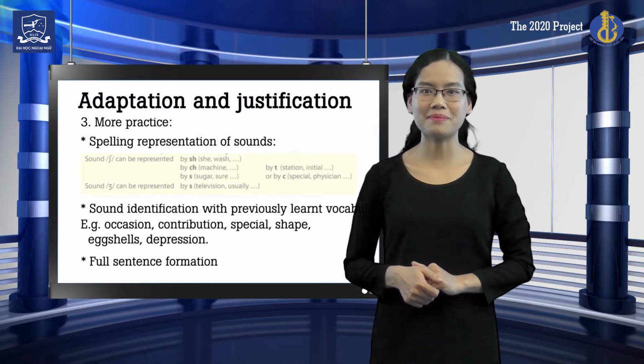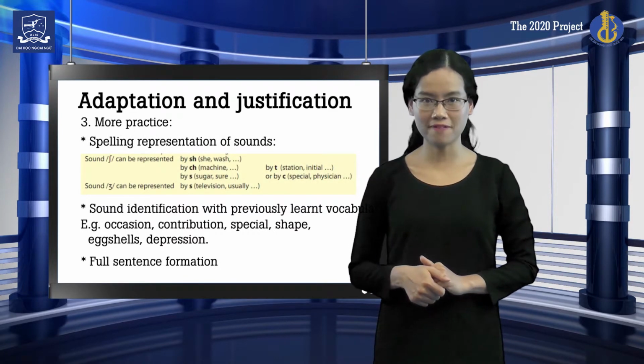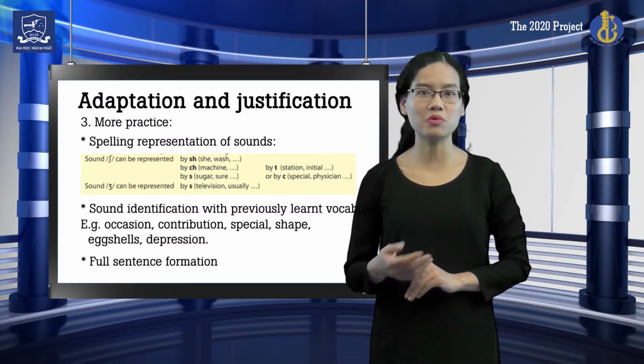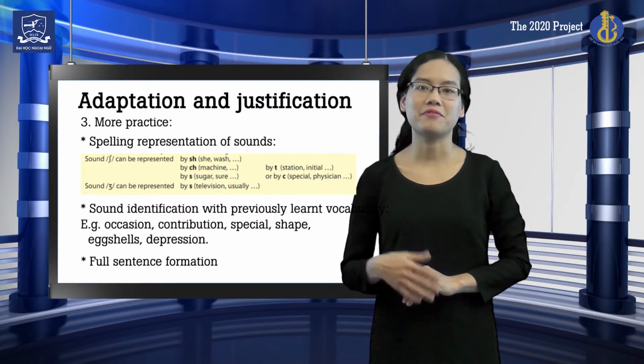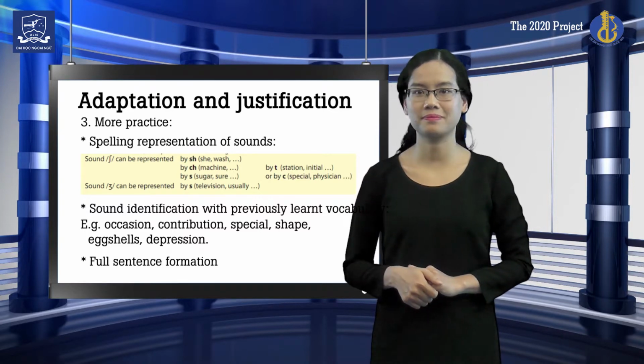The next adaptation is for a strong class when there is some time left. The teacher may teach students the rules of some sounds represented by spelling, as in this box.